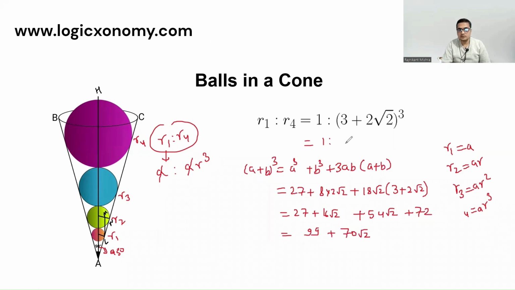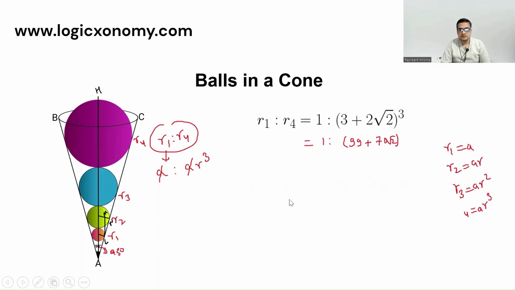Means 1 ratio 99 plus 70 root 2. The final result is R1 ratio R4 is equal to 1 ratio 99 plus 70 root 2.